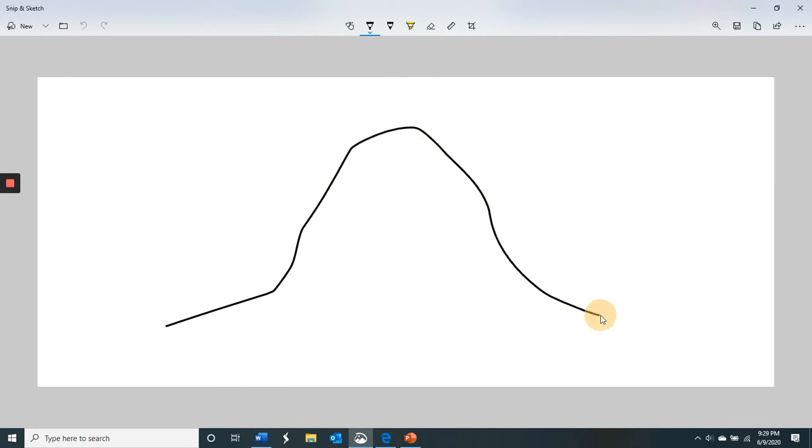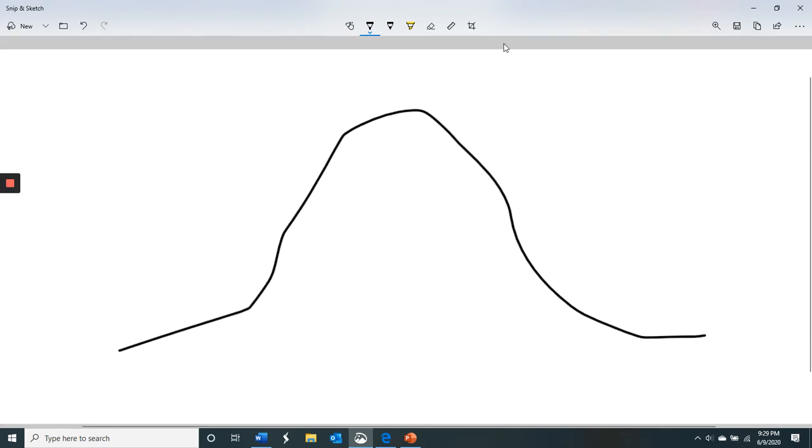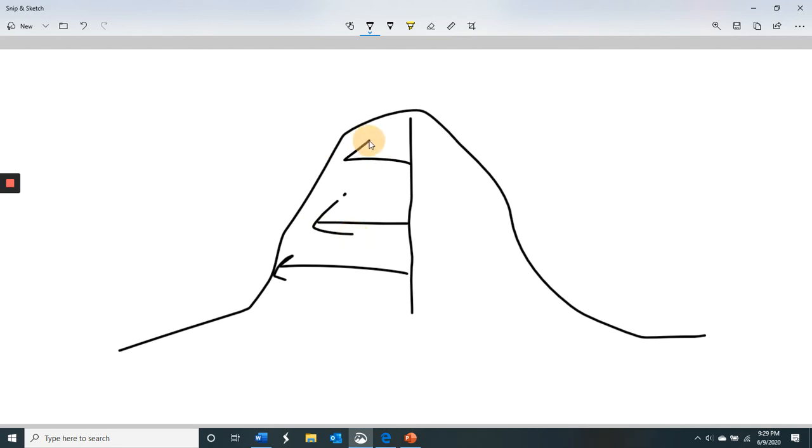Making a very rough distribution here. Central tendency cared about where the bulk of the data were. Variability cares about how far things are spread out. So if the bulk of the data are here, how far are the scores spread out from the center of the data? So variability is how far the scores are from the center of the data.